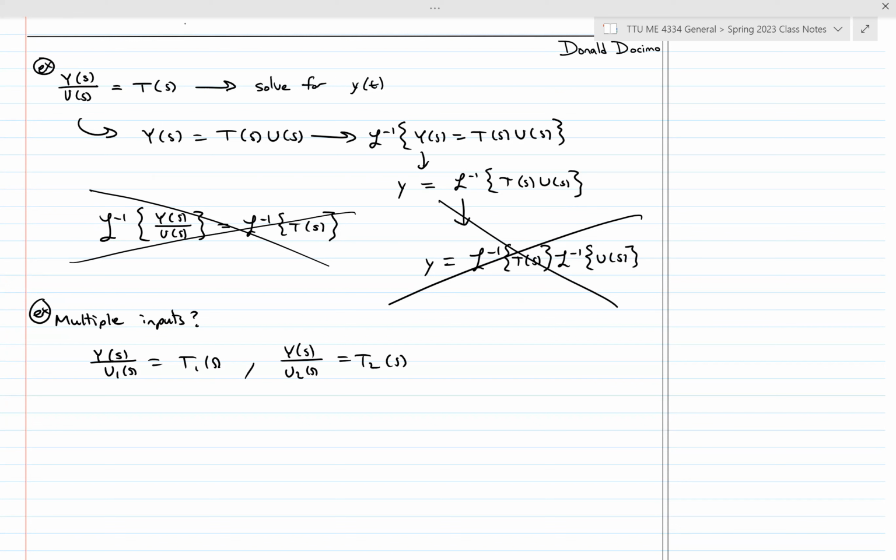How would you guys approach this? Any ideas? So u1 and u2 are control inputs right now, which I'm going to say are known to you. So we already know them.